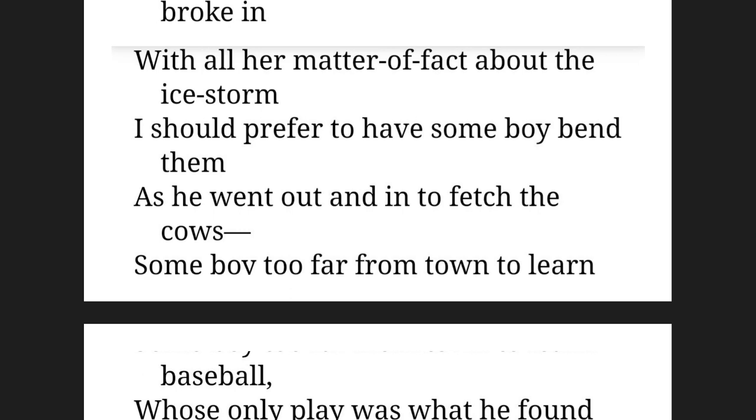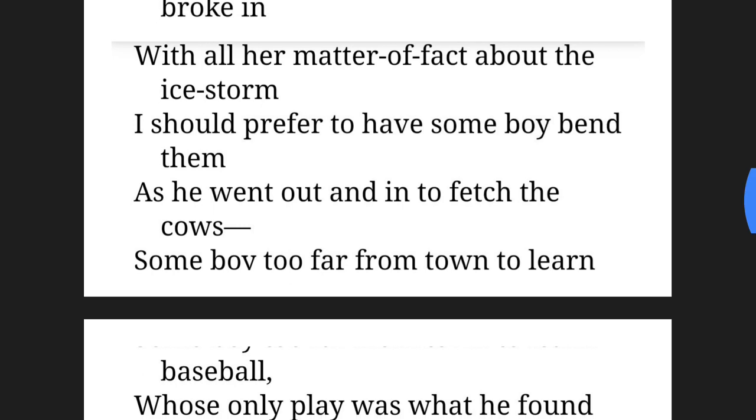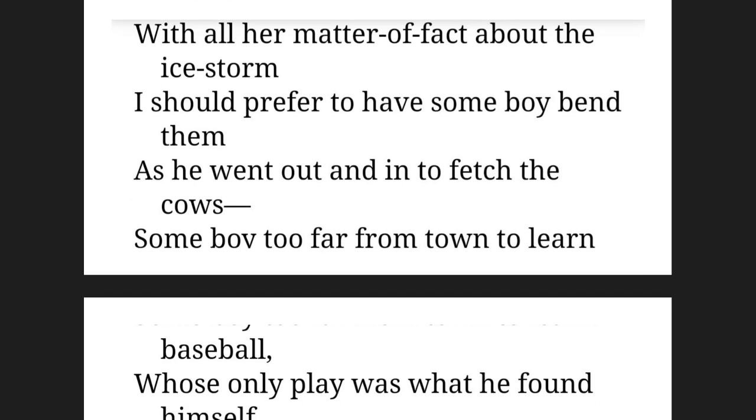He says that I want to believe that it has been done by some kind of boy who went out with the cows, or maybe to bring in the cows, fetch the cows from the field where they have been grazing, and in the process of going or coming back he must have been swinging from these branches, playing with these trees, and that's how he has bent them.